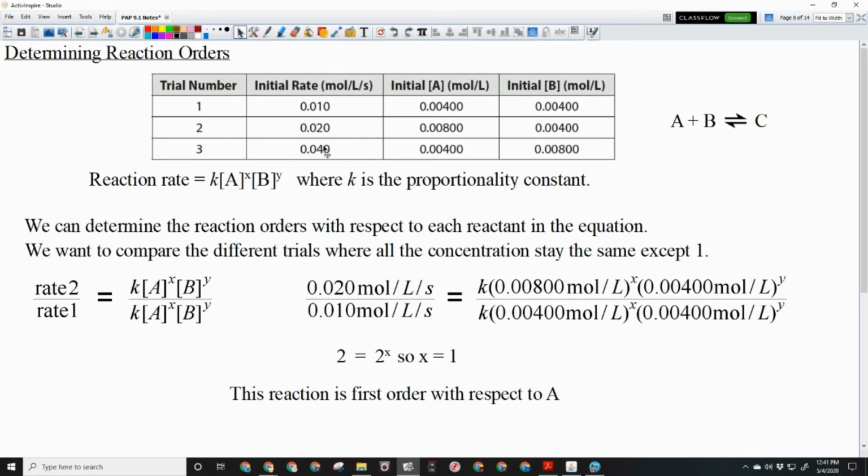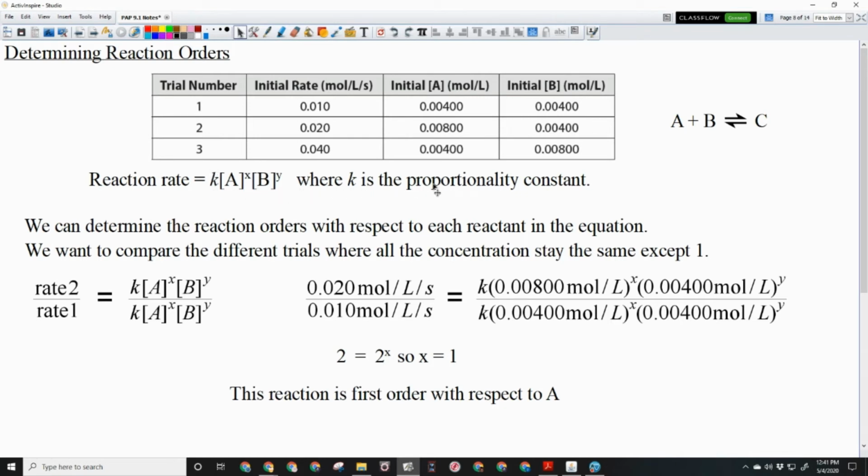And so for this very simple reaction, we have to have at least 3 trials, because in trial 1, they're equal. Okay, so for 2 reactants, they're equal. Then we're going to change A where B is the same. Then we're going to change B where A is the same. And with just these 3 trials, we can come up with a rate of reaction, and we can also solve for the rate constant.